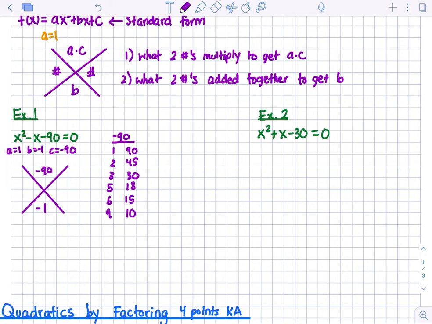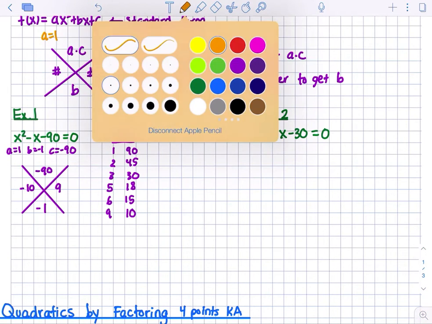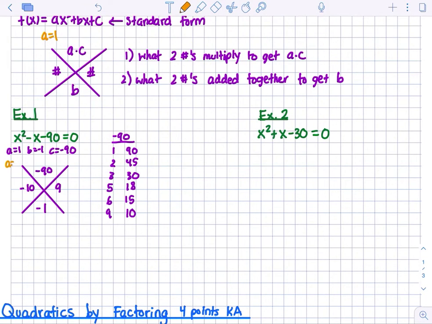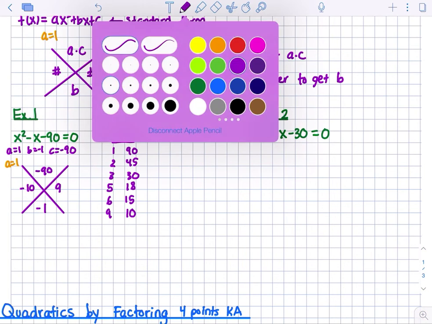So we just have to figure out the sign to give us -1, which is going to be -10 and 9. -10 times 9 is -90, -10 plus 9 is -1. And since your a value is equal to 1, those are going to be our factors.